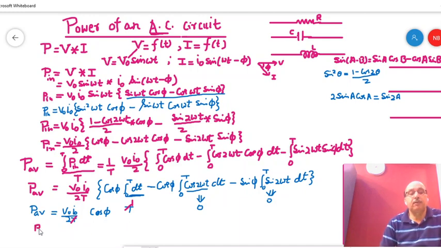P average is equal to V naught I naught by 2 cos phi. So we can write here P average as equal to V naught by root 2 into I naught by root 2 into cos phi.